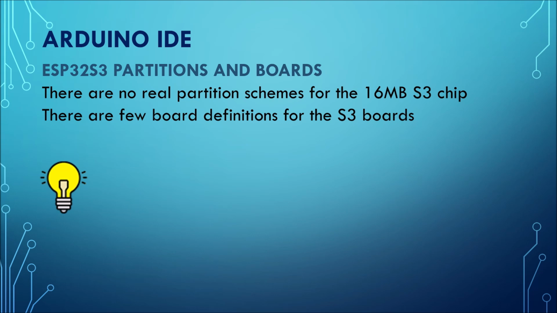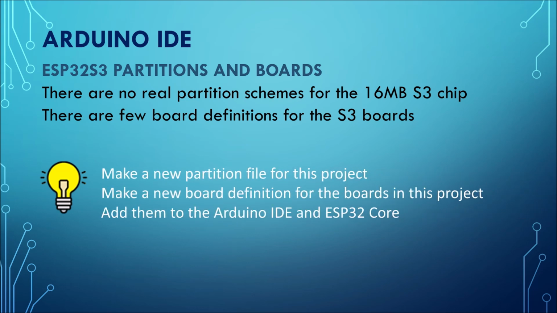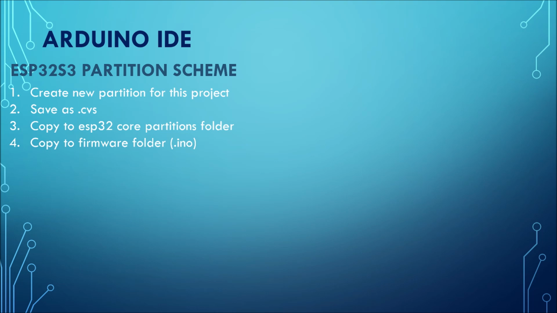So the bright idea then is, let's make a new partition file for this project to define it, and use that in the project. Also make board definitions for each of the boards and add them to the IDE and ESP32 core. So the idea behind all of this is, let's create a new partition for the project.